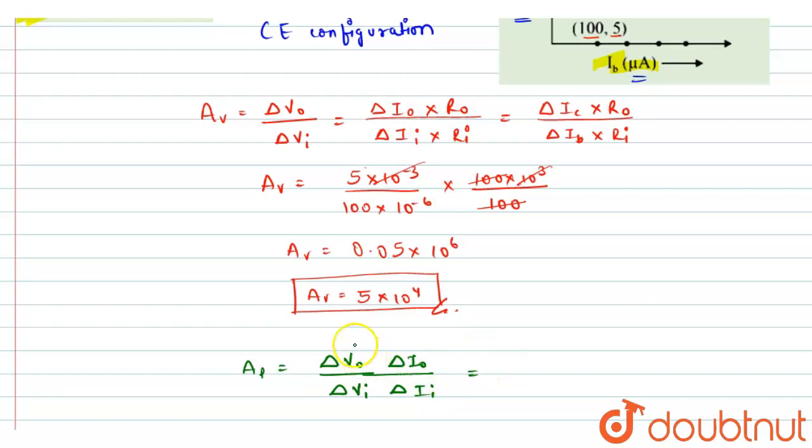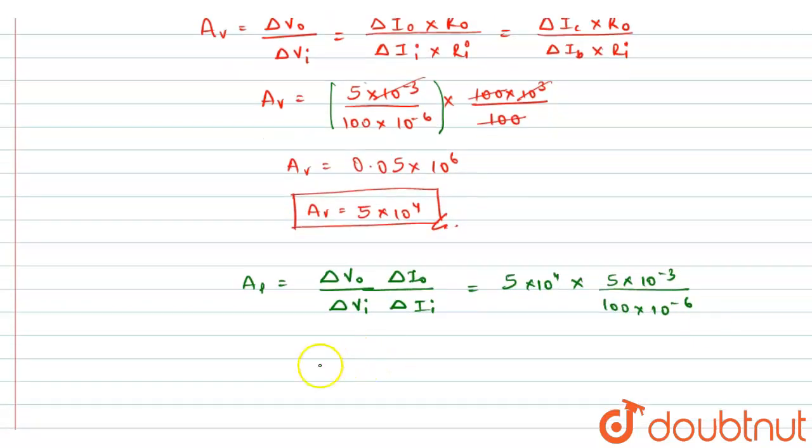So delta V naught by delta Vi we just found is equal to 5 into 10 to the power 4, and further we can write delta I naught by delta I input, so this is 5 into 10 to the power minus 3, whole divided by 100 into 10 to the power minus 6. So we will solve this now.